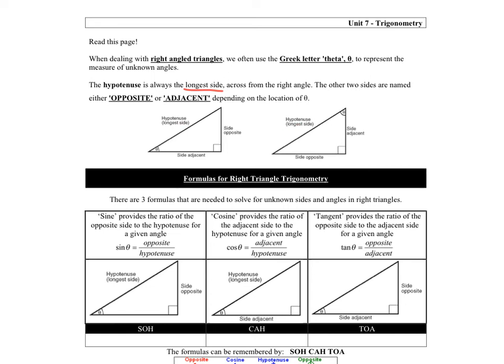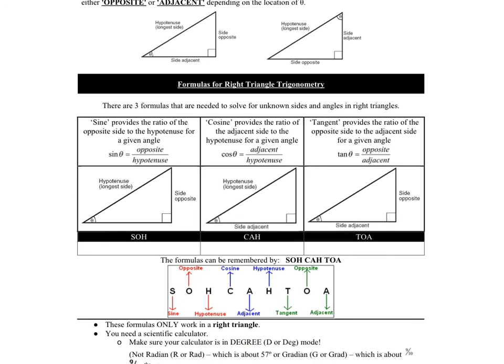Okay. Now the main formulas we have for right triangle trigonometry is sine theta equals opposite over hypotenuse, and that stands for SO, like sine opposite hypotenuse. Then we have cos theta equals adjacent over hypotenuse, so that's CA. And then tan theta is opposite over adjacent, which is your TOA.